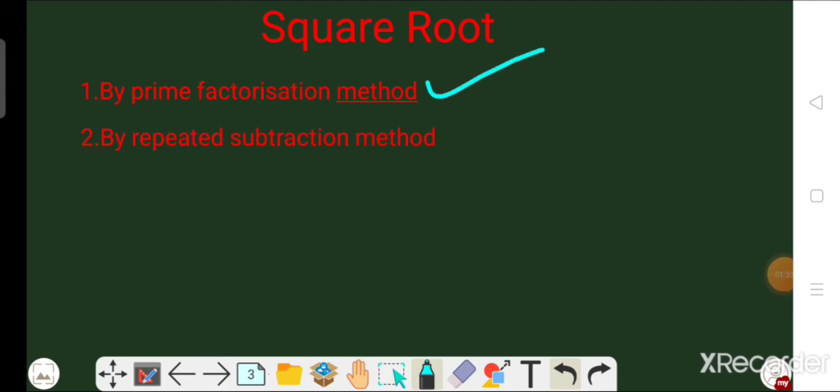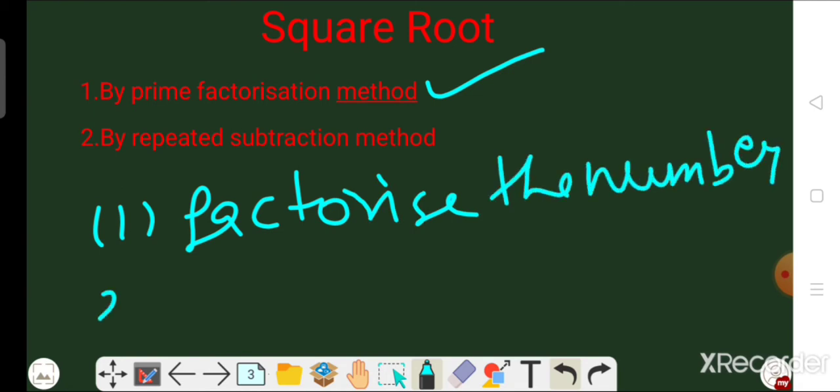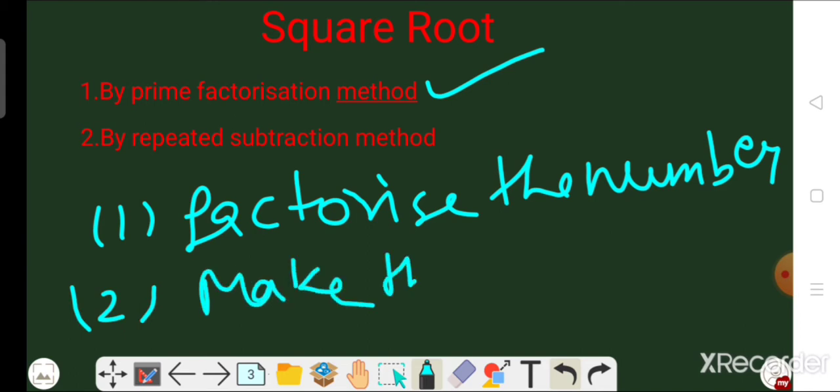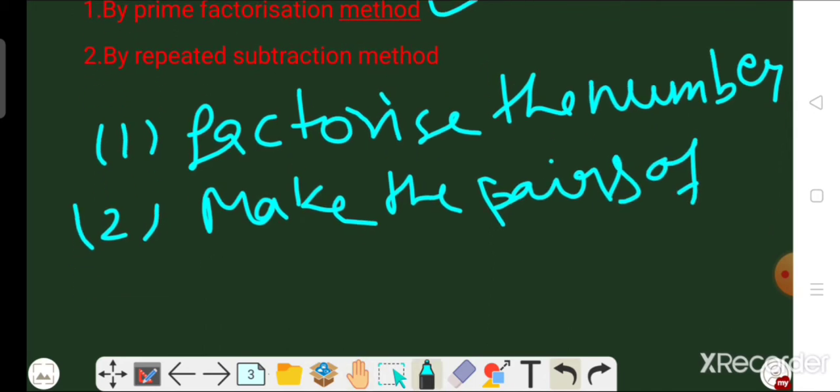So in the first method, by prime factorization method, to find the square root of a given number beta, we have to factorize the given number into its prime factors. Firstly we have to factorize the number, and then we have to make the pairs of prime numbers.